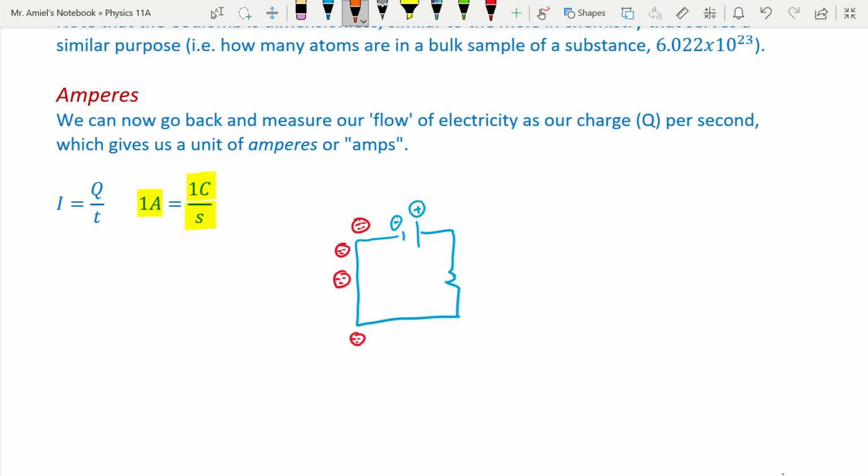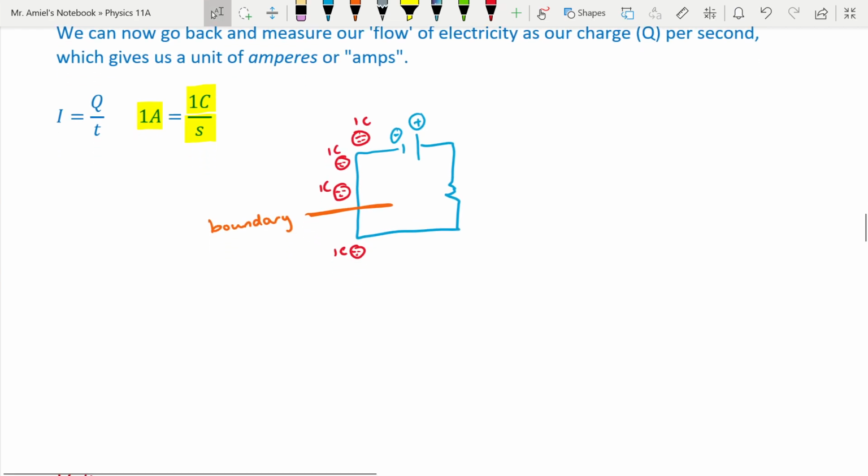We still have the boundary, and we're asking how many of these 1 coulomb bags are passing that boundary in a second. So this is what we're talking about when we talk about current. It's the amount of charge per second going through. So that's our first thing.